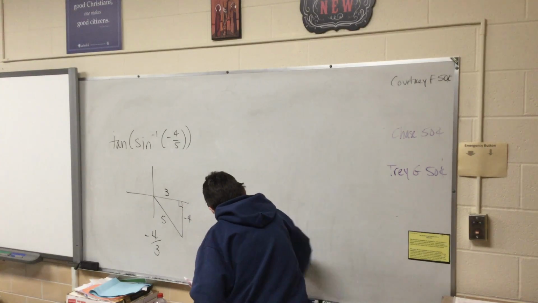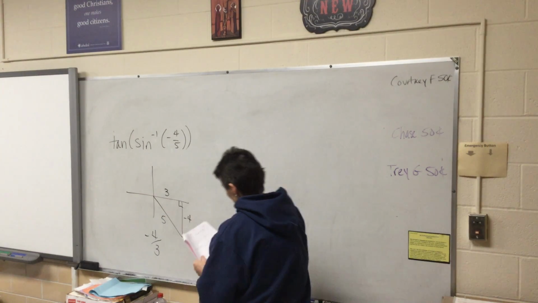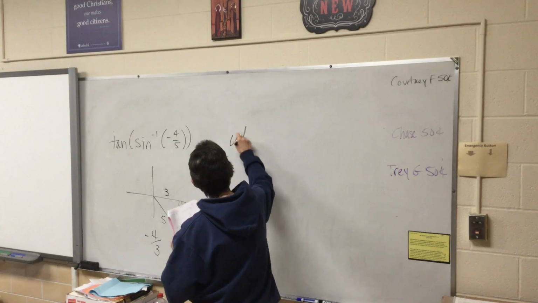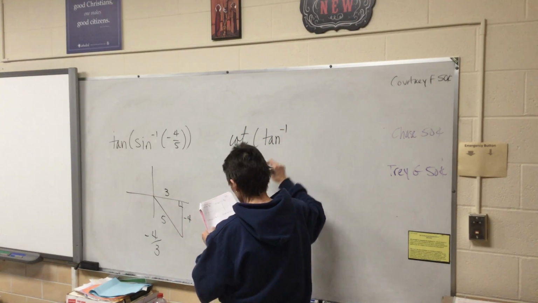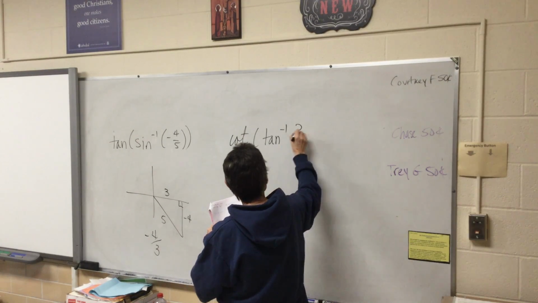All right, so let's look at the next one, and see if you can draw your picture for me. We're going to start always by drawing a picture. Let's see, I'm on D, right?